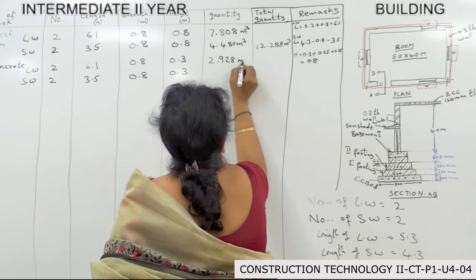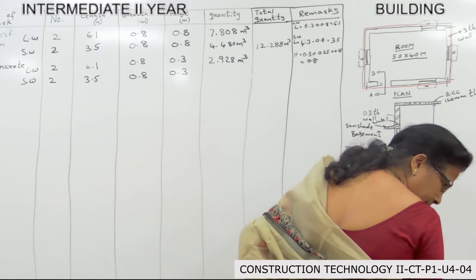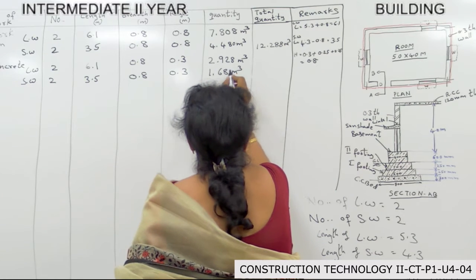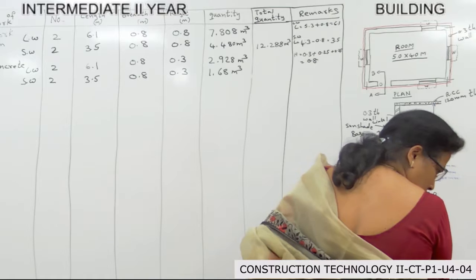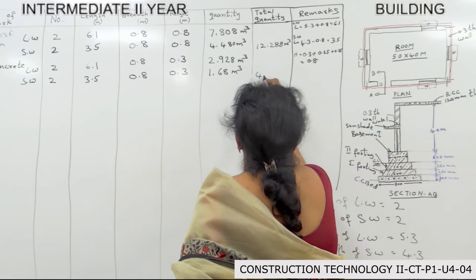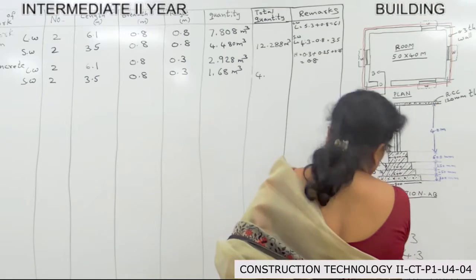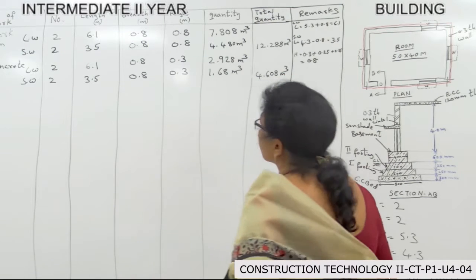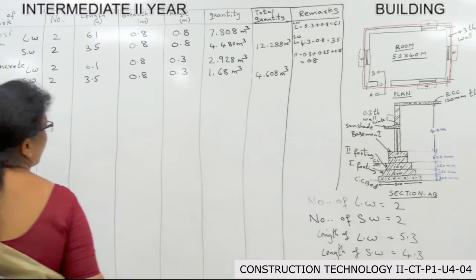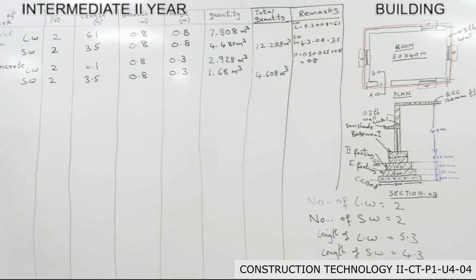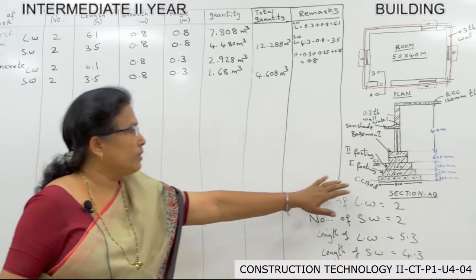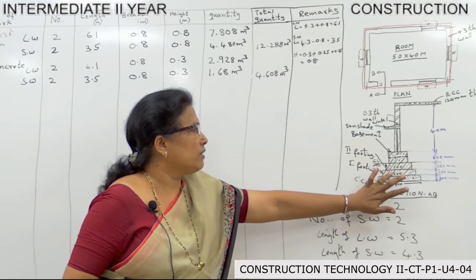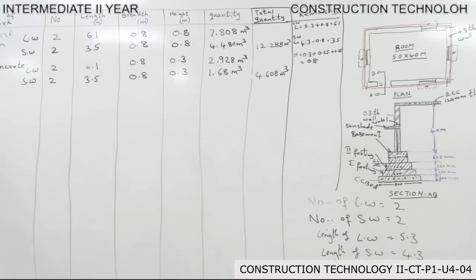So here I have calculated the answer, that is 2.928 cubic meter and 1.68 cubic meter, and when you add these two, this is 4.608 cubic meter. So earthwork excavation and cement concrete is over.